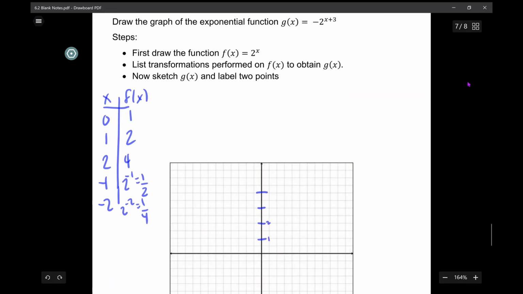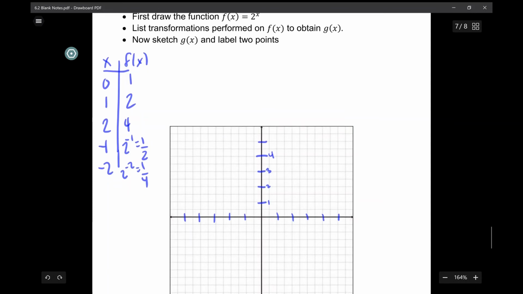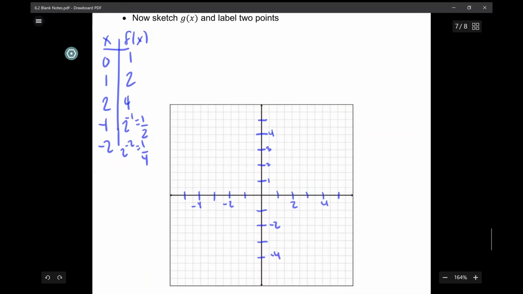And then let's go by the same scale here, 1, 2, 3, 4. Guess we have 5. We might as well use them. All right. So -2, -4, 2, 4, -2, -4.